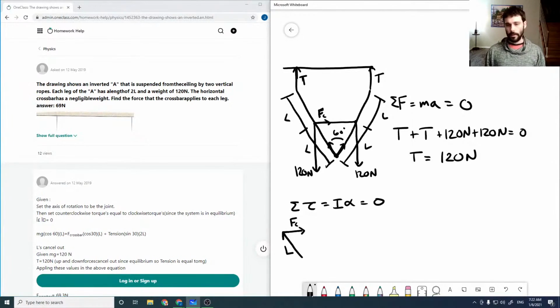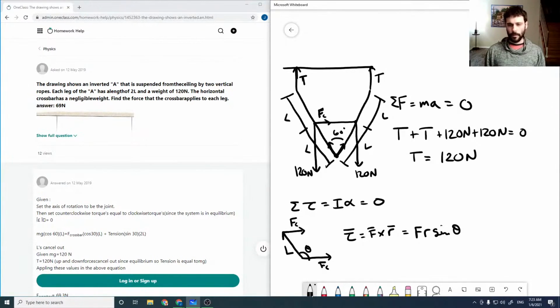To calculate our torque, which is F cross R, we need our angle, because we can rewrite this as F R sine theta. And to get our angle, we need to put these two tail to tail. So our FC is actually here, and so we need this theta.